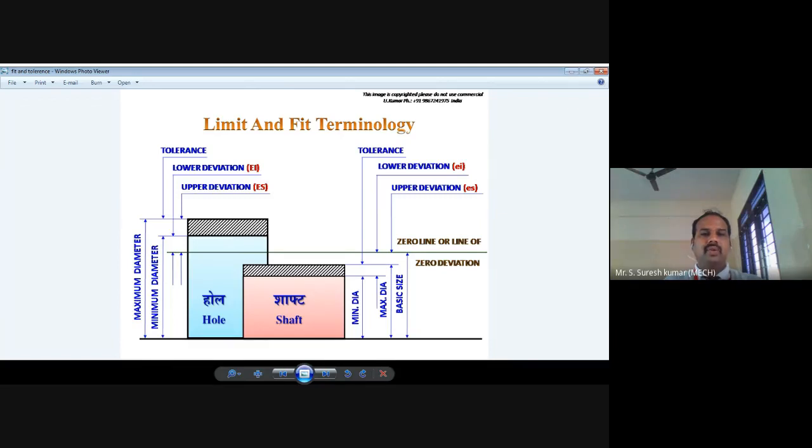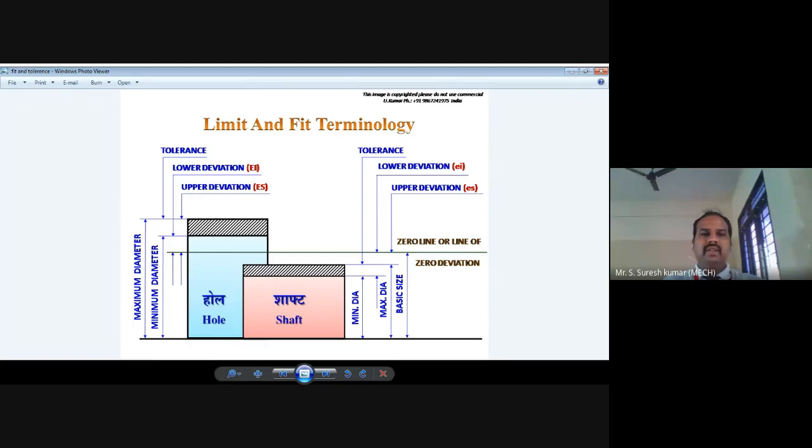The smaller of the two limits of size is called the minimum limit of size. So the next terminology is allowance. Allowance means it is an intentional difference between maximum material limits of mating parts. It is a minimum clearance or maximum interference between mating parts.